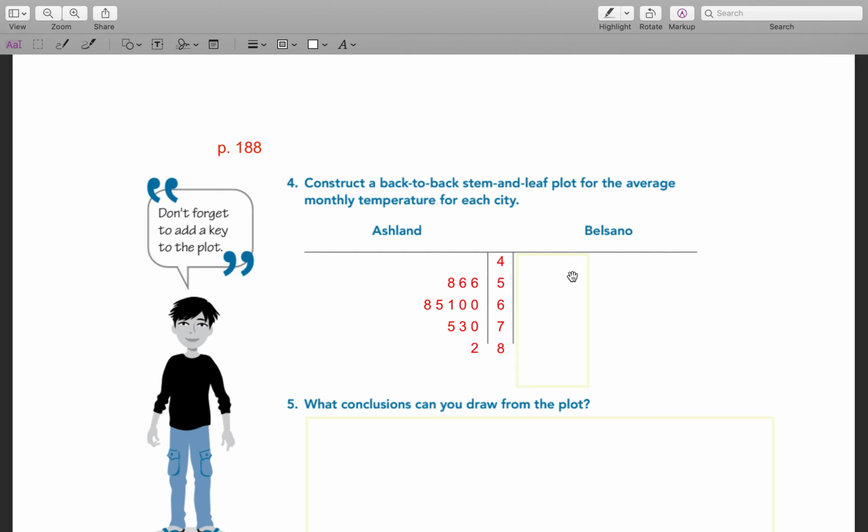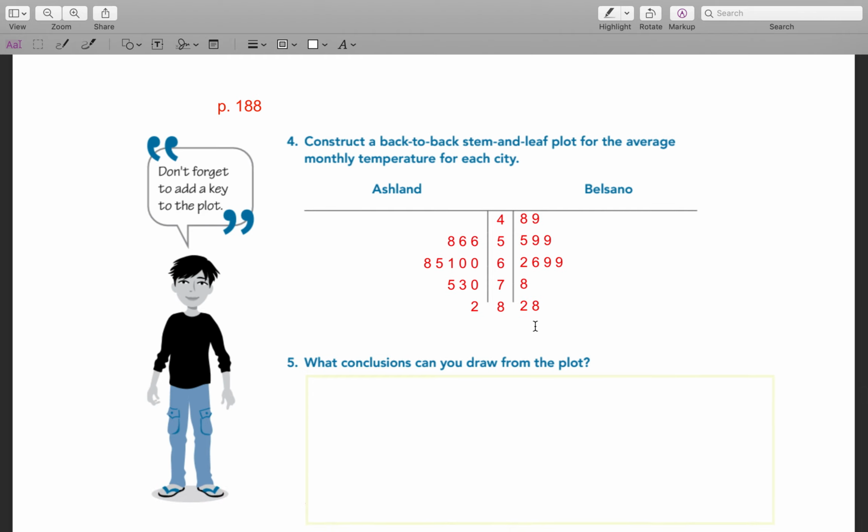And for Bolzano, there were some in the 40s, so 48, 49, 55, 59, 59, 62, 66, 69, 69, 78, 82, 88. So the ones in the stem part are the tens place, okay?